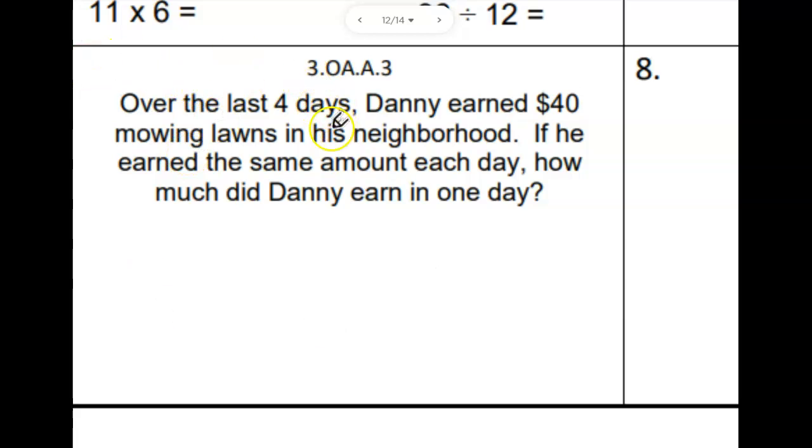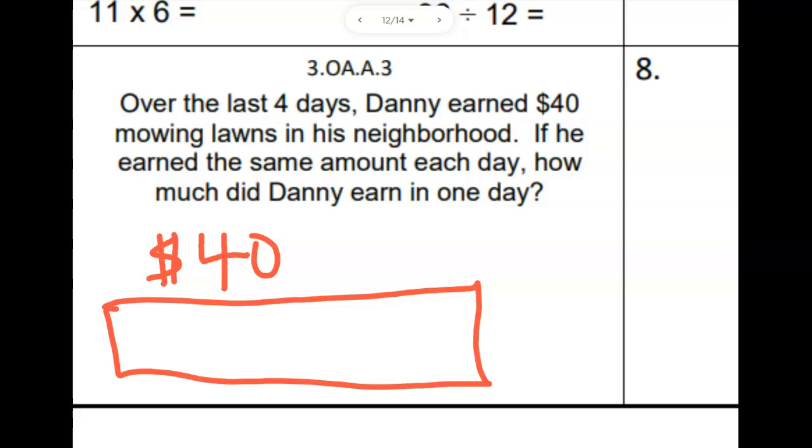Over the last 4 days, Danny earned $40 mowing lawns in his neighborhood. If he earned the same amount each day, how much did Danny earn in 1 day? So that means you're taking $40 and dividing it into 4 days, into equal parts.